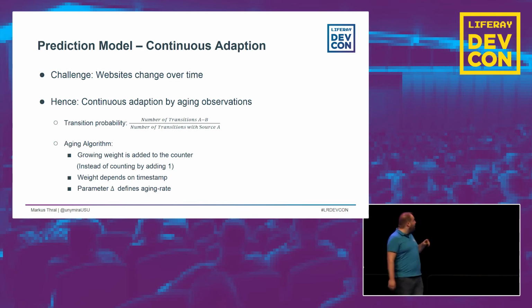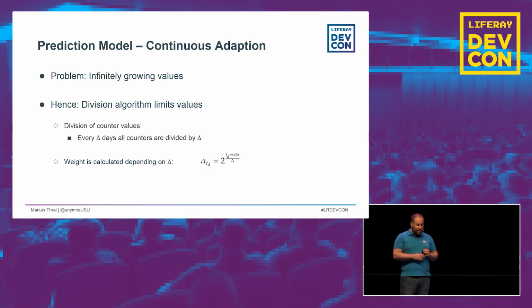We realized it by using a growing weight, which is added to the counter instead of just adding one. The weight itself depends on the timestamp, and a specific parameter delta defines the aging rate. For example, you set delta to 2 weeks, and the model ages at a specific speed. But there's a problem. If you infinitely often add a value to another value, the value itself will grow infinitely high.